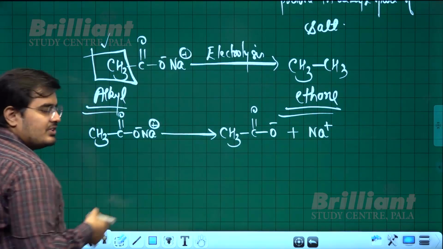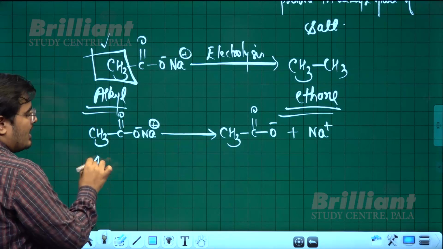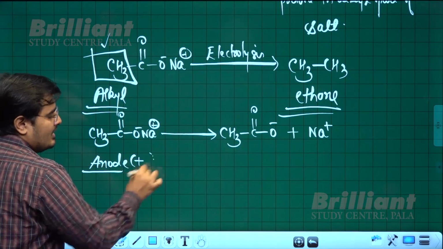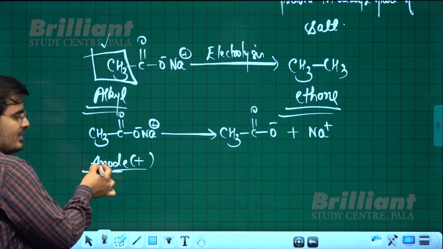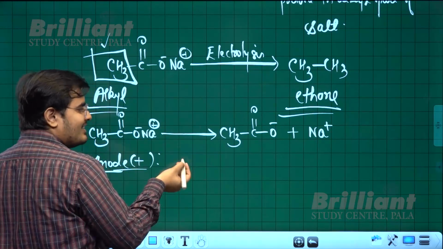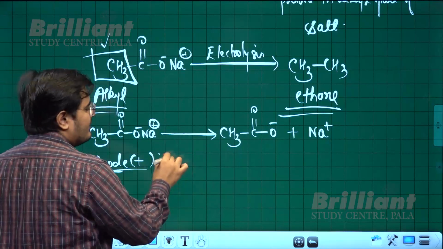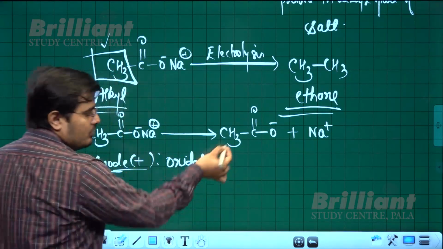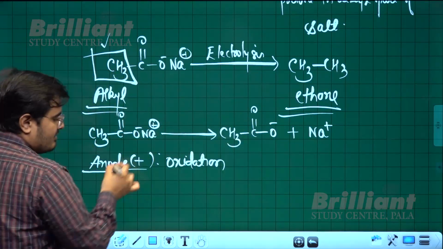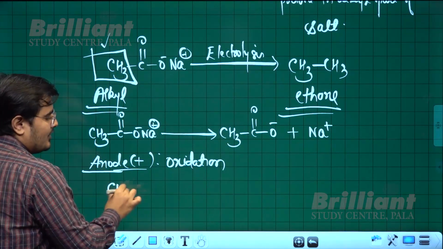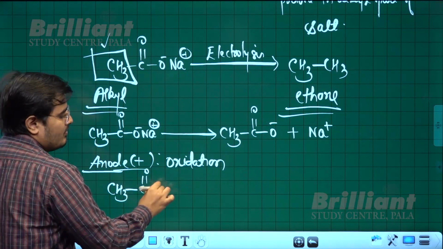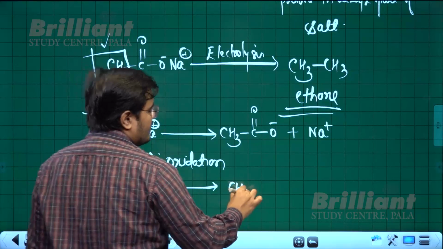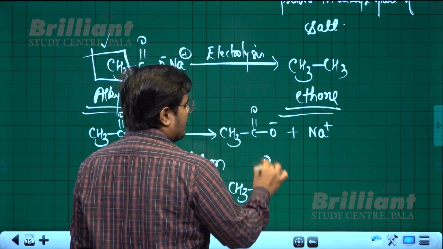The ions are going to migrate towards the oppositely charged electrodes. The anode is the positively charged electrode in an electrolytic cell, and this is the electrode where oxidation happens. So the negatively charged ion will move towards the positively charged electrode, and this CH3COO minus is going to undergo oxidation by the loss of an electron.